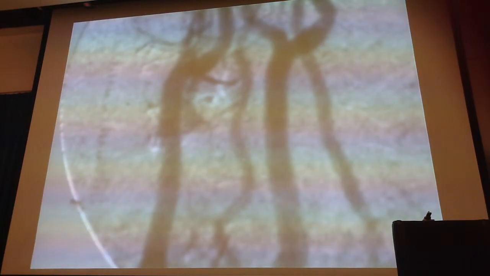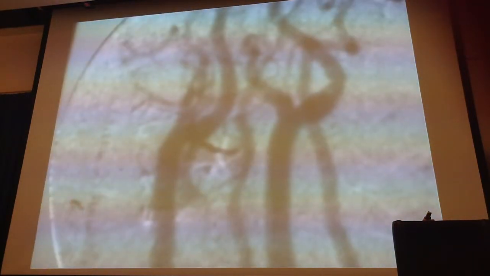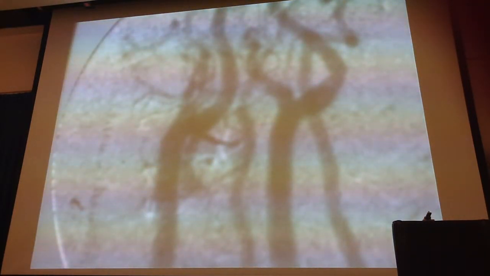Can you see how grainy the image is? That's because it's photographed off of a TV signal, coming from a fluoroscopy unit, and there's very low photon radiation there. I'll find it and show it to you after lunch. Okay?